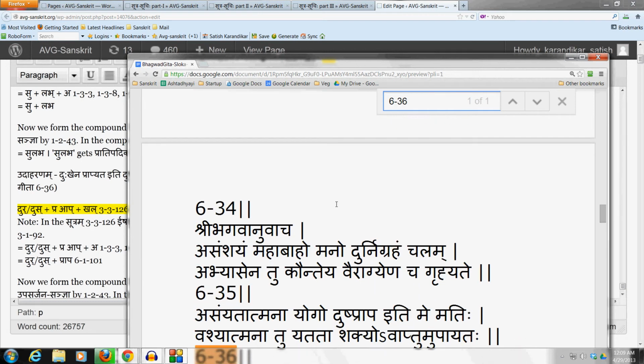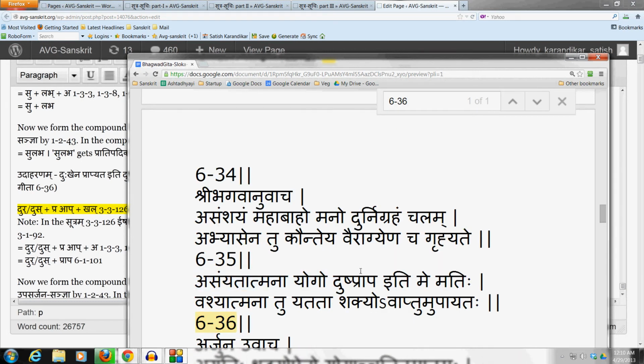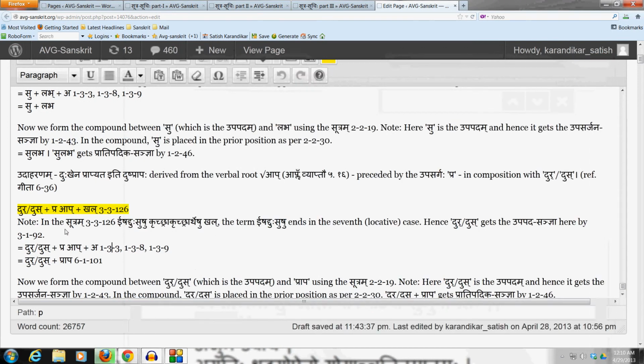Same steps here. We start with dur or dus plus pra, ap plus khal. All the conditions for applying 3.3.126 are satisfied. We are using dur or dus in the sense of difficulty, so we can bring in the affix khal. Now in the sutram 3.3.126, Ishadusushu krichrakrichrartheshu khal.